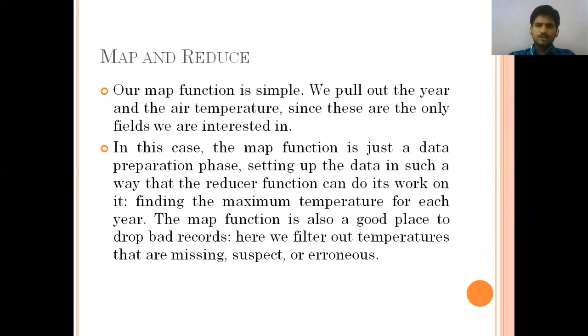The map phase considers the raw weather data. Another important functionality of the mapper phase is to drop the bad records, such as missing data or error data. Everything is dropped, and the rest is passed to the reduce function. Then the reduce function filters all those things and gives the maximum temperature.